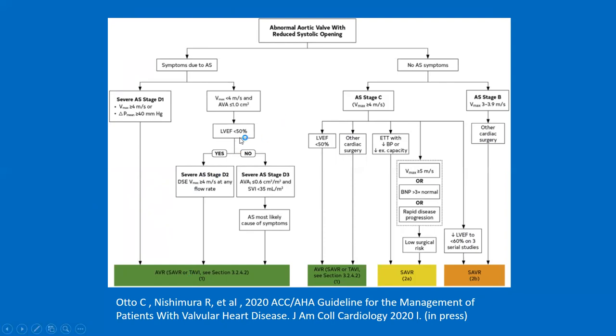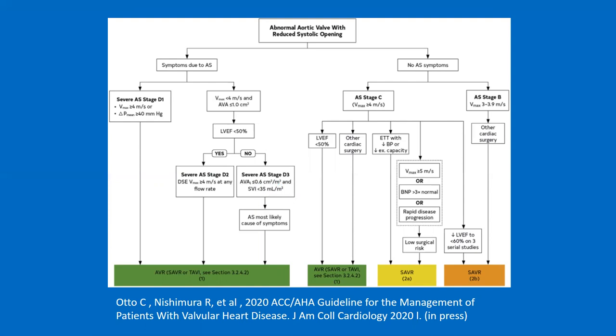If they have a normal left ventricular ejection fraction, this will be severe aortic stenosis stage D3. This is paradoxical low flow, low gradient, normal EF stenosis, with an adjusted valve area less than 0.6 centimeters squared per meter squared and stroke volume index less than 35 milliliters per meter squared.